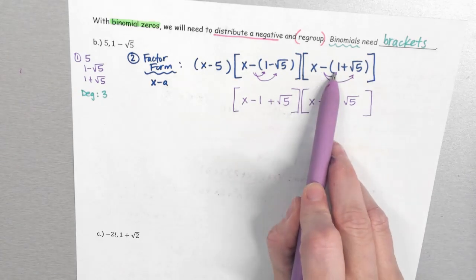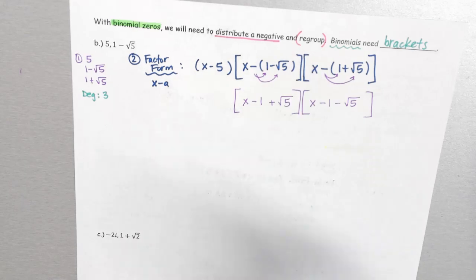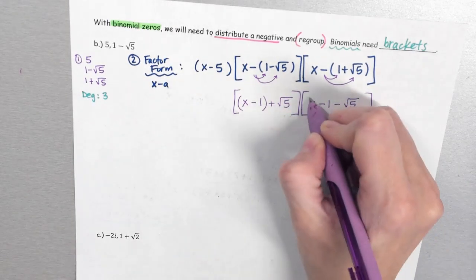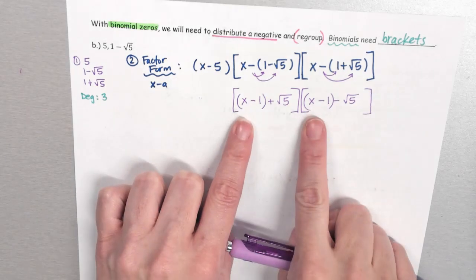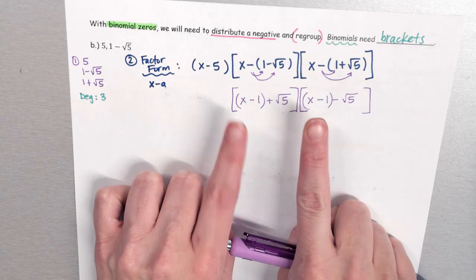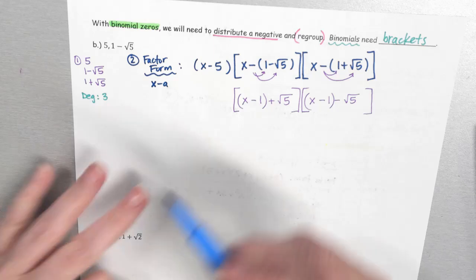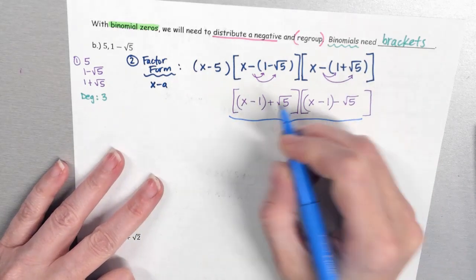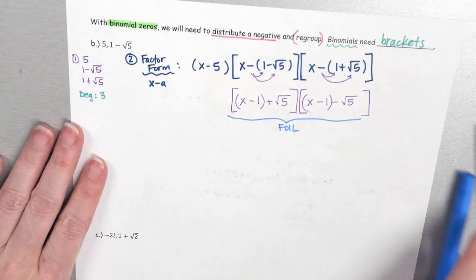Okay, so here you have the -1 and then the minus root 5. What we're going to regroup is the x minus 1 and the x minus 1. So you're regrouping the part that is not irrational, or in some cases it's not imaginary, and they should be the same. See how this is x minus 1 and this is x minus 1? The reason why they show you how to do the regrouping is because then you can FOIL this entire thing, because you can think of this as a binomial.